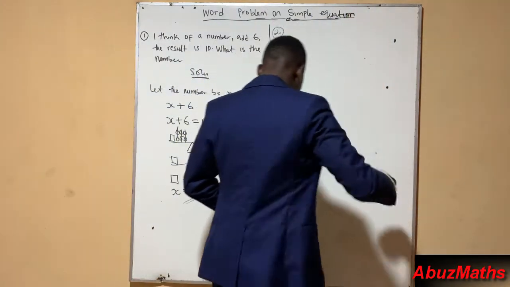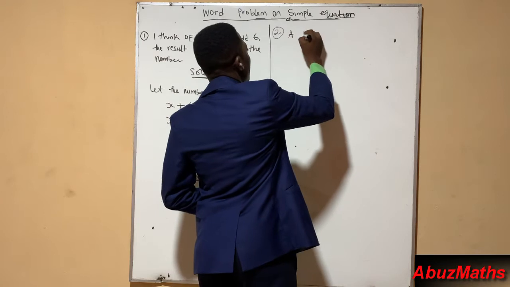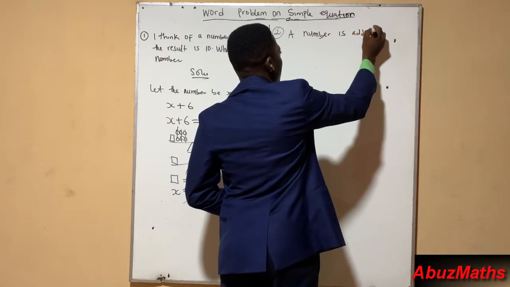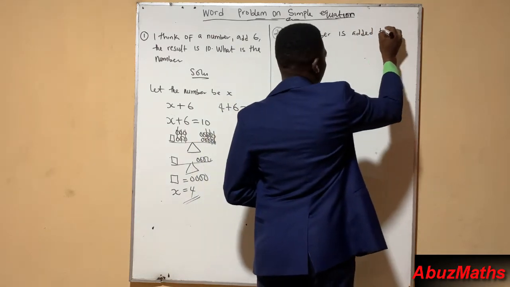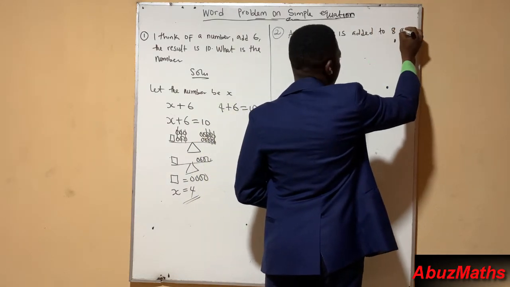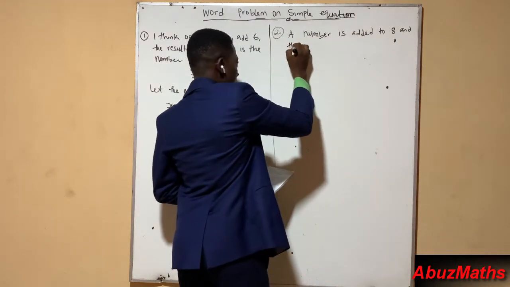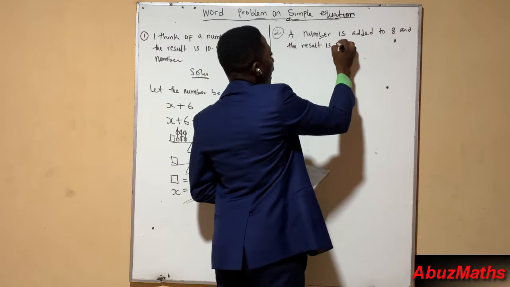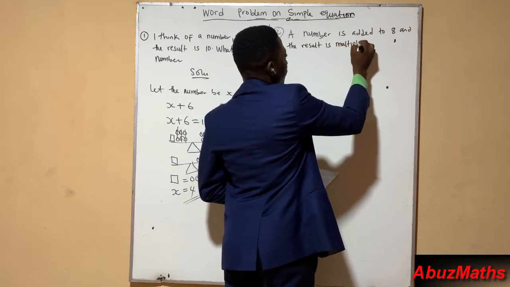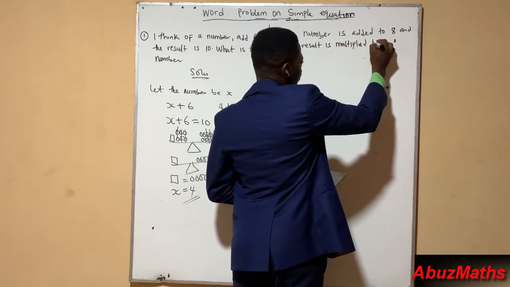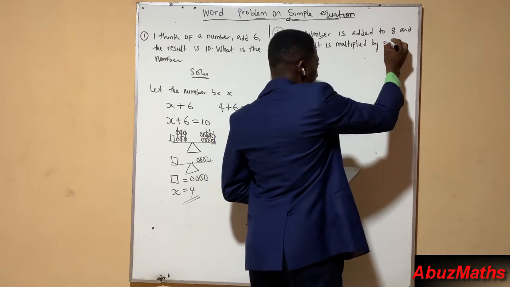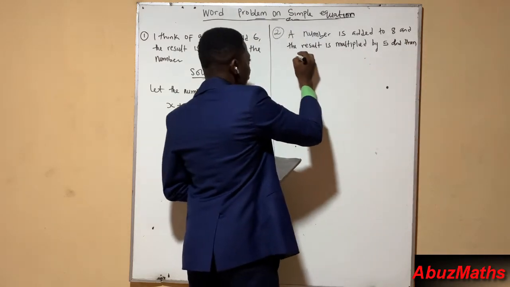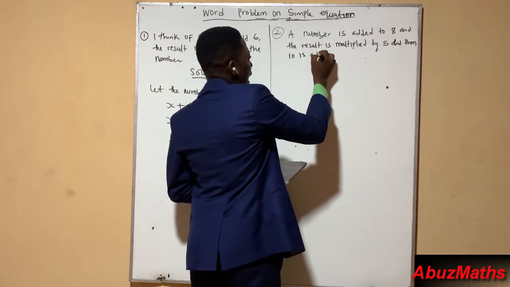Example 2. A number is added to 8 and the result is multiplied by 5, and then 10 is added.